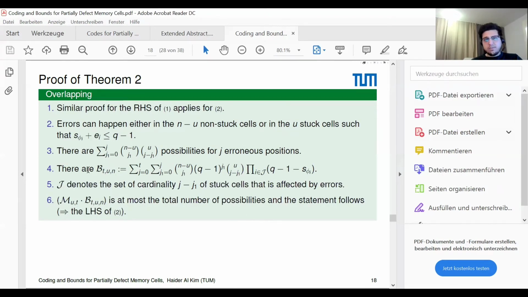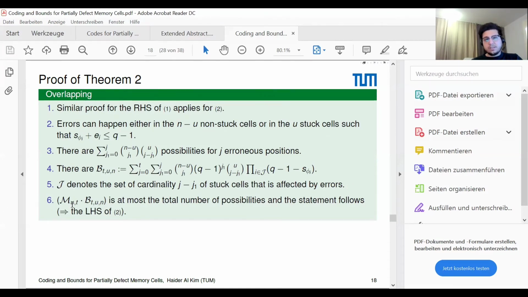Then we have this another beta as a sphere, and now the calligraphic J denotes the set of cardinality J minus J1 of the stuck cells that are affected by the errors. So we assume not all the partially stuck cells should be affected by the additional error, for example.